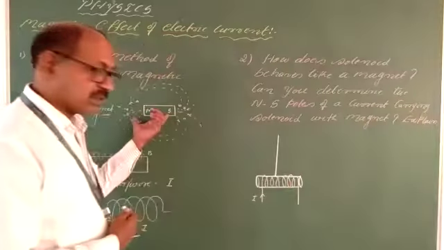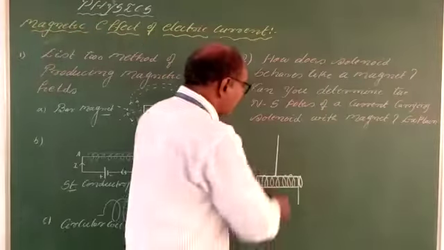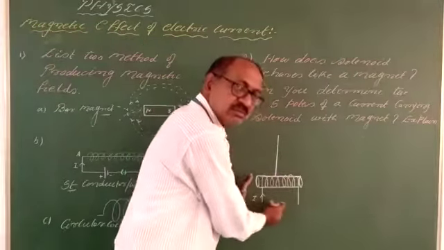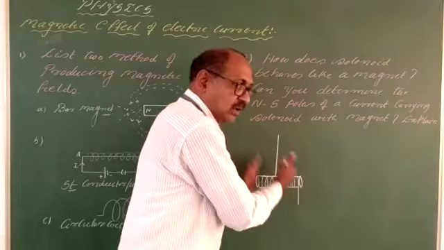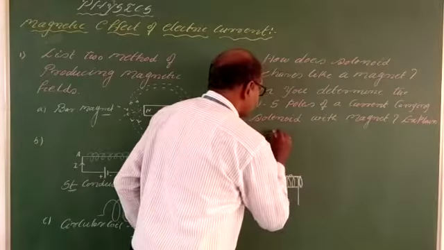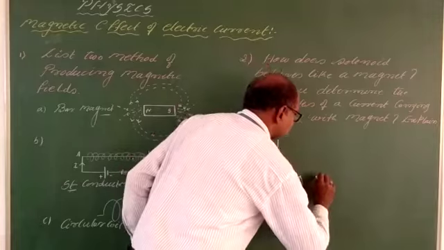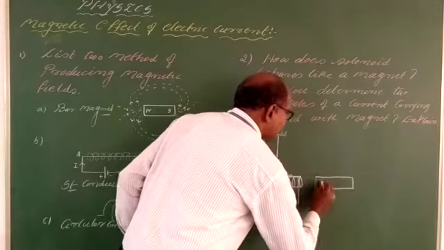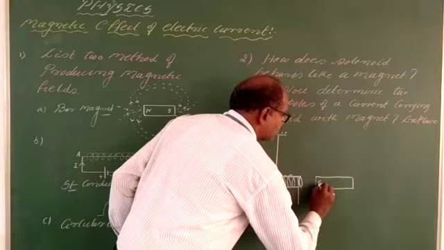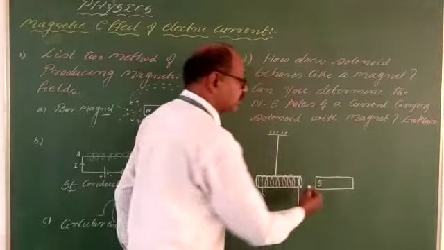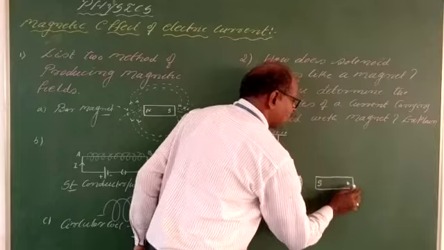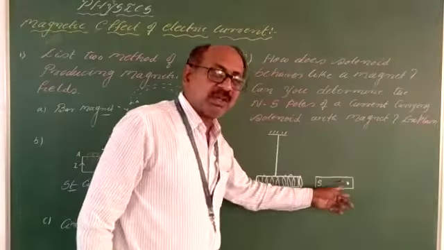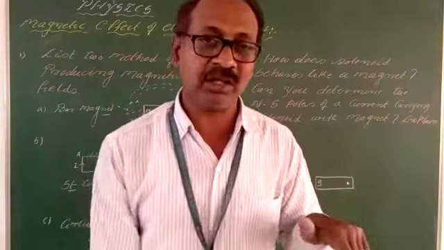Take a bar magnet and hold the solenoid in hand. Keep the south end of the bar magnet. It is already marked, because there is a dot on one side of a bar magnet, which is always predetermined.